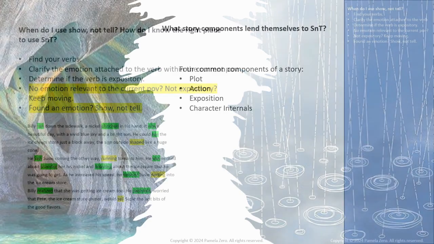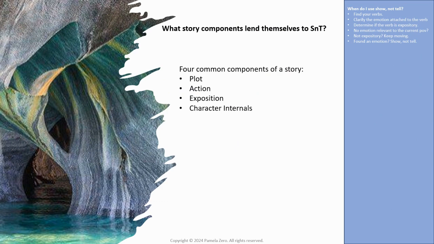Okay, now we're going to take a little side turn here. What story components lend themselves to show not tell? There are 4 common components of a story: plot, action, exposition, and character internals. These are not the only components of a story, but these are your 4 core, most commonly used components. So you're going to really want to focus on those when you want to do show not tell.